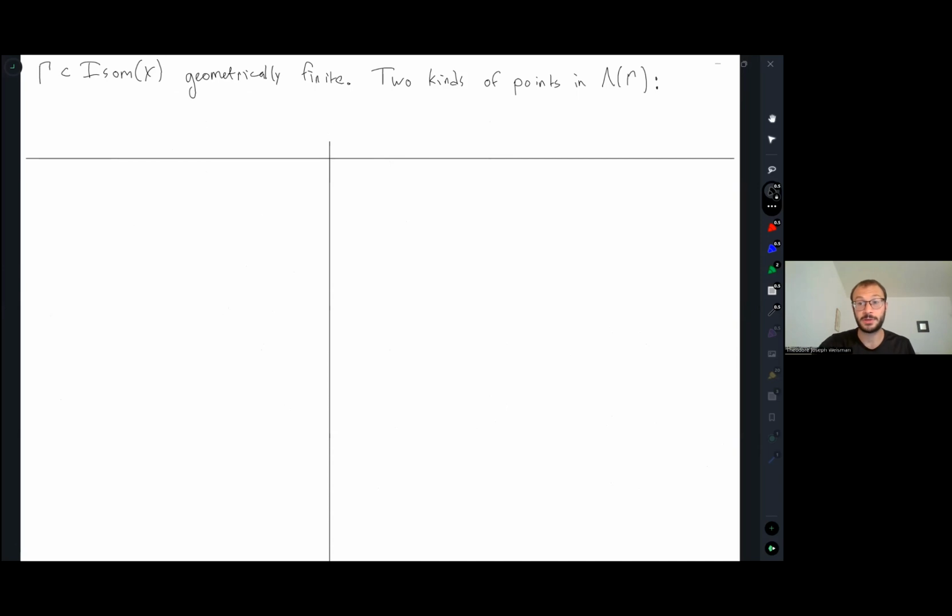So it actually turns out that we can, in fact, even understand geometrical finiteness completely in terms of convergence group actions. So how does this work? Well, if you start with some geometrically finite group sitting inside of the isometry group of this Riemannian manifold, there are always going to be 2 kinds of points in this limit set, defined either via accumulation points on the boundary of orbits in the interior or via this definition via triples that I had on the previous slide.